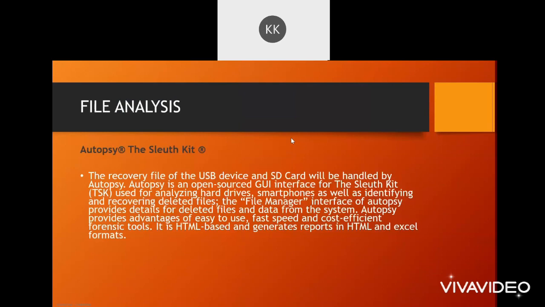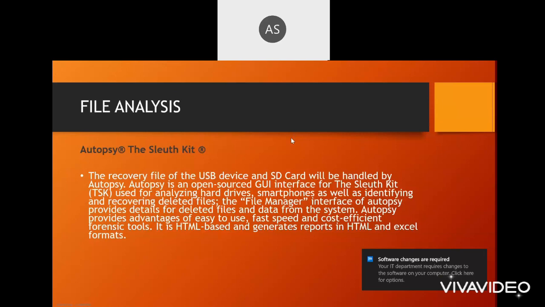So as I just explained on the image analysis, we have done the image analysis. We confirm the deleted file and the deleted picture, and how it has been modified, with the proof. Then we go with the file analysis.